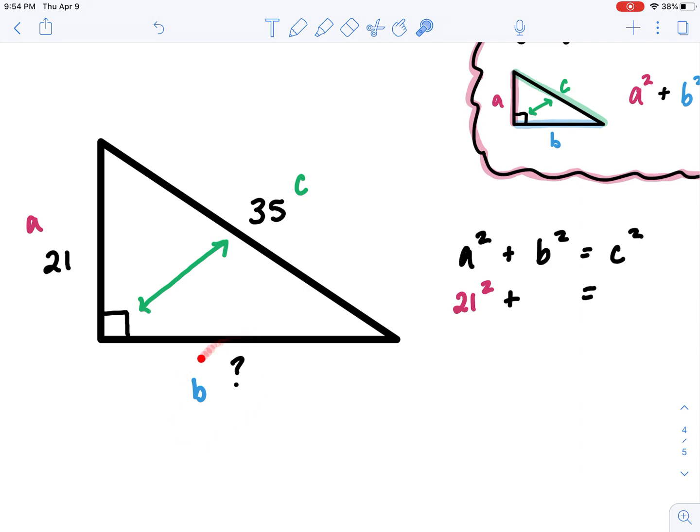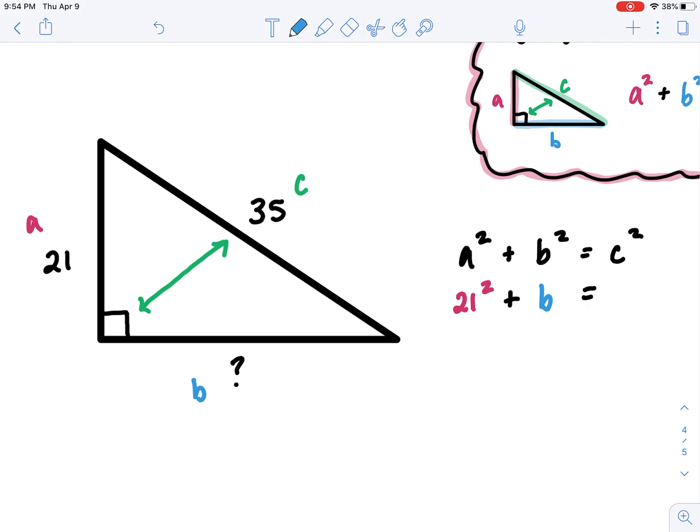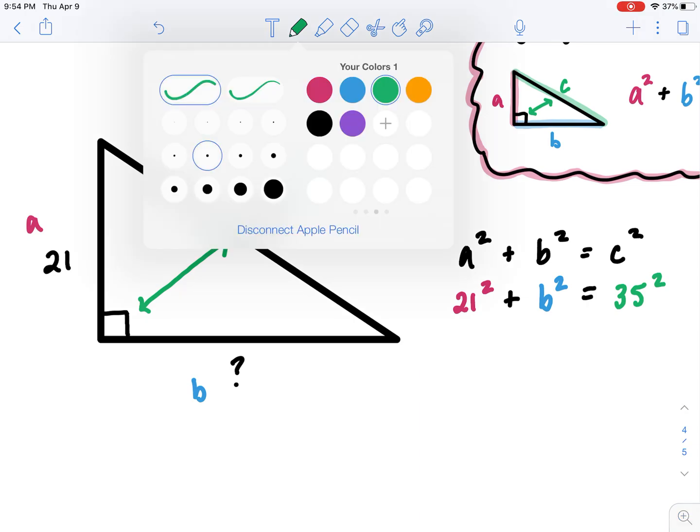B is our missing side, so I'm going to leave that as B because I don't know what it is yet, and that's what I want to solve for. So B squared stays B squared. And then C is our 35, so I'm going to replace C with 35. So I get 21 squared plus B squared equals 35 squared.